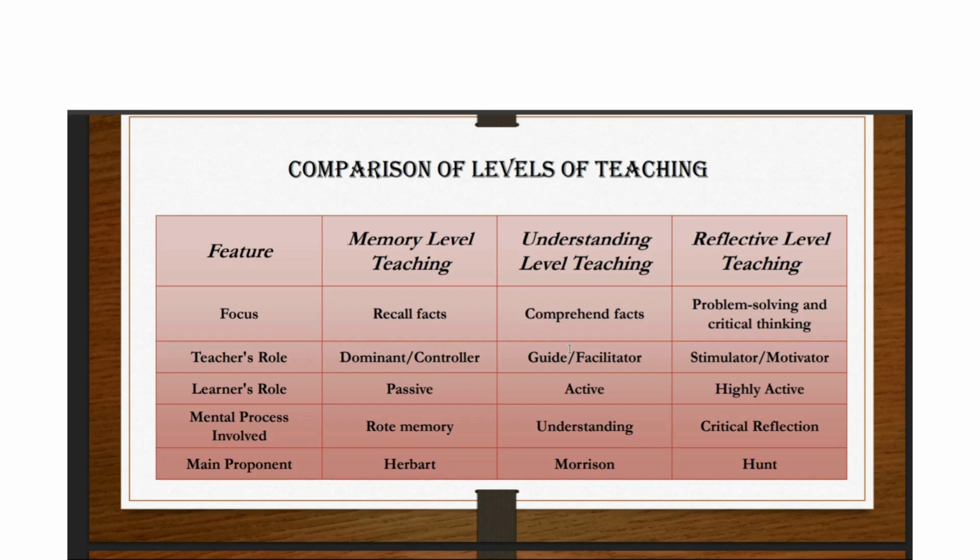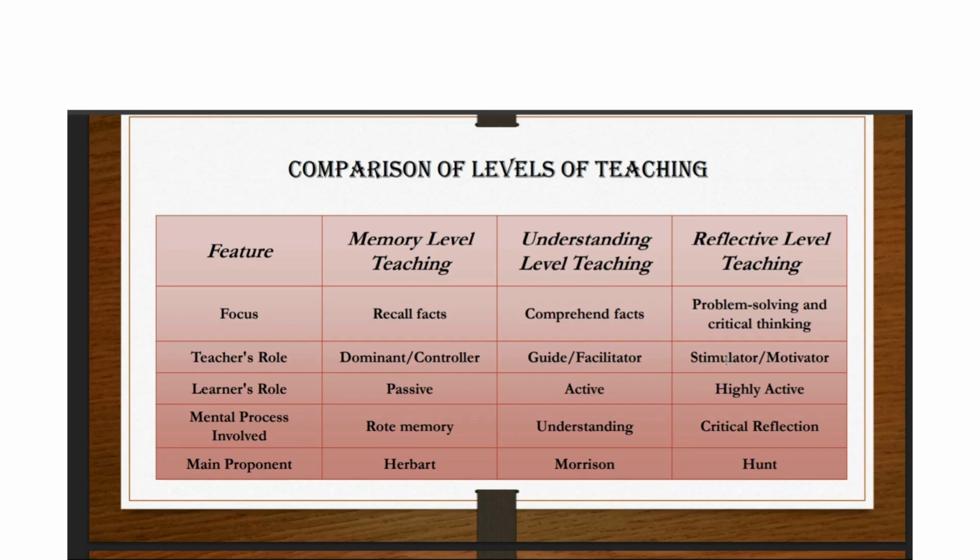Whereas in understanding level, the teacher is a guide and facilitator. Guide and facilitator means the teacher explains why plants need water and sunlight, so the students have to think for themselves and understand the process behind it.